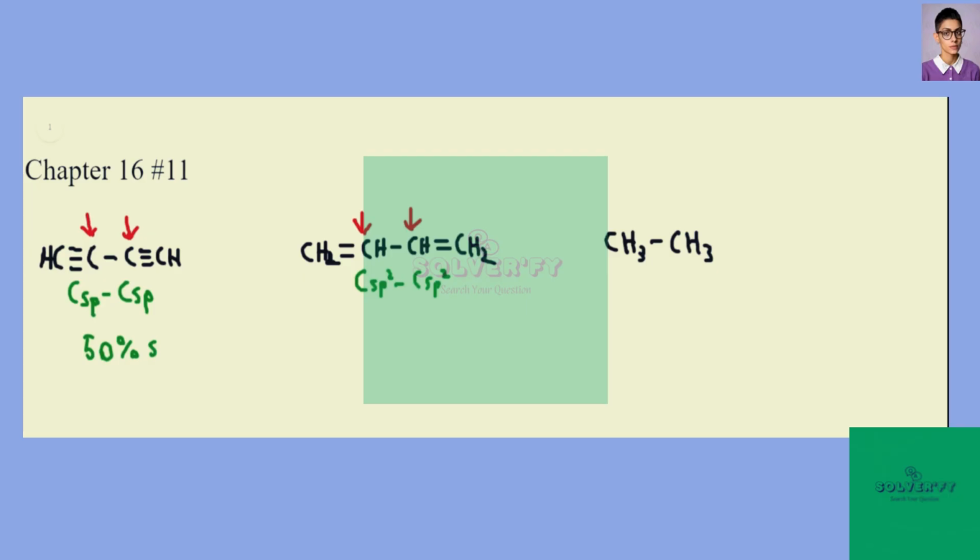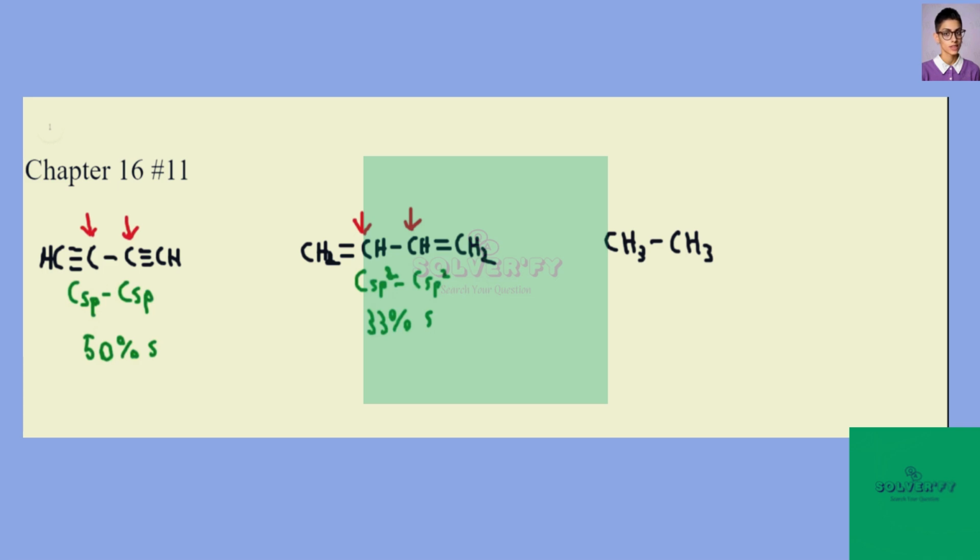And so 1/3 of the orbital is S. And so this is going to be 33% S character. And so this will be a longer bond than the first molecule.